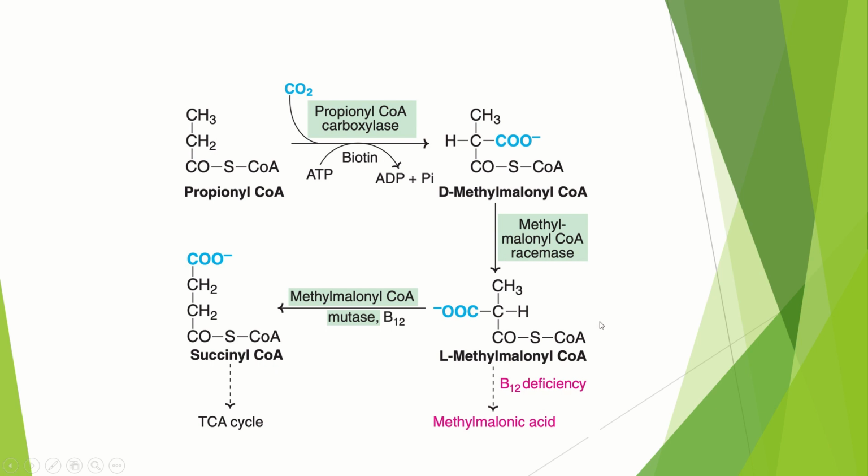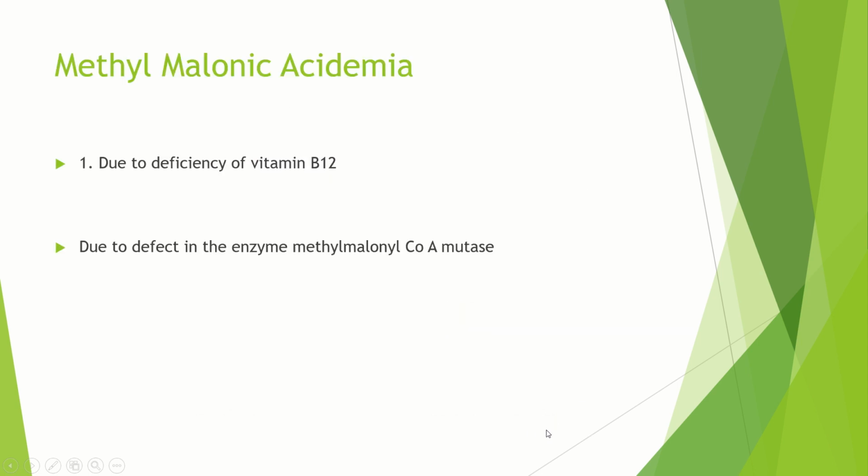It is going to accumulate in the tissues and form methyl malonic acid. This methyl malonic acid leads to methyl malonic acidemia. This is due to the deficiency of vitamin B12, or it may be due to a defect in the enzyme methyl malonyl CoA mutase.